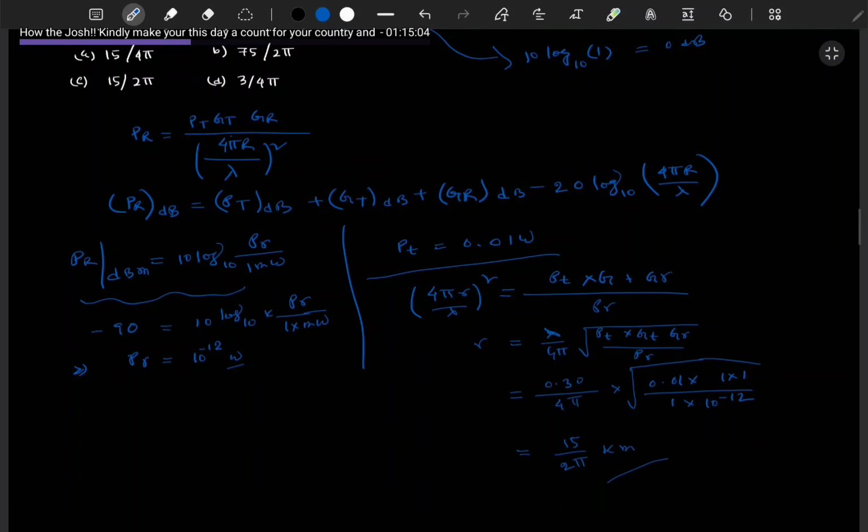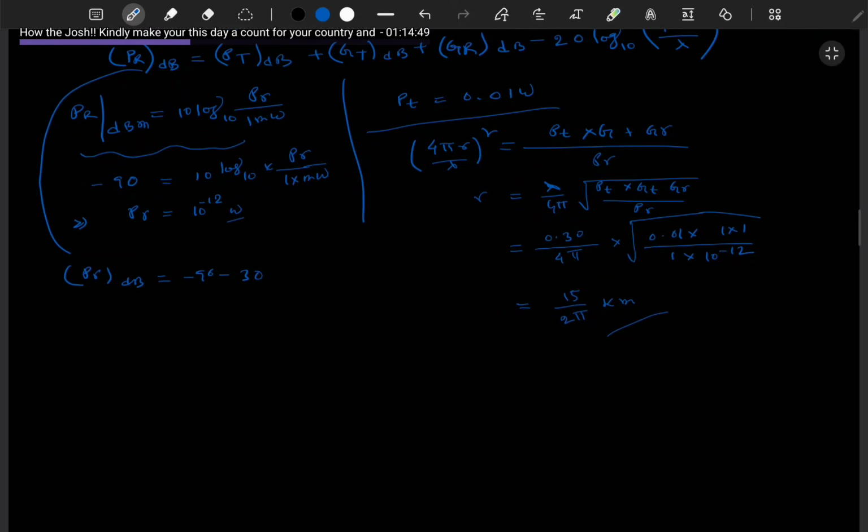Also if I go with dB, then PR in dB equals minus 90 minus 30, minus 120 dB. GT in dB is GR with 0 dB.